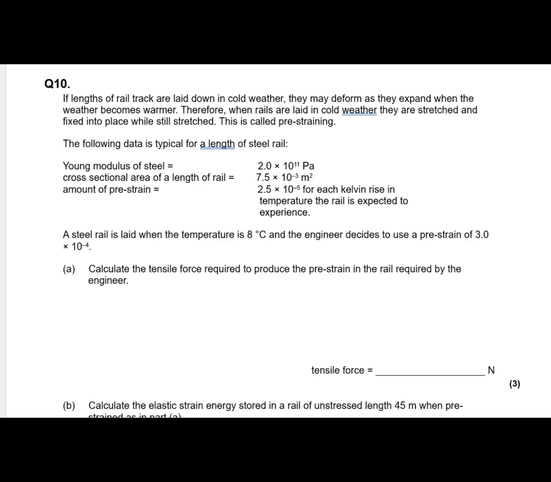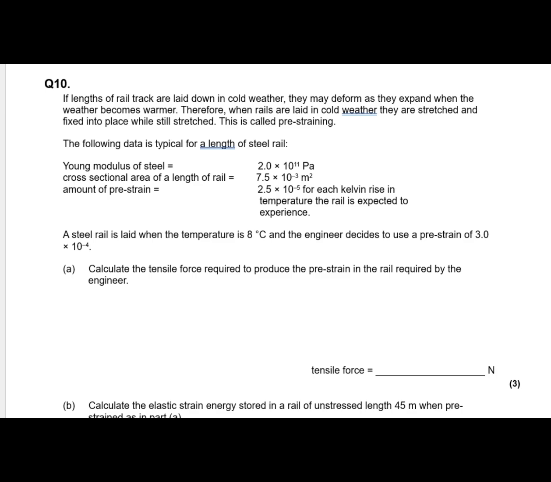So the following data is typical for a length of steel rail: Young modulus, cross-sectional area, and the amount of pre-strain. This is the sort of new bit that you don't get on typical Young modulus questions. The amount of pre-strain is 2.5 times 10 to the minus 5 for each Kelvin rise in temperature.